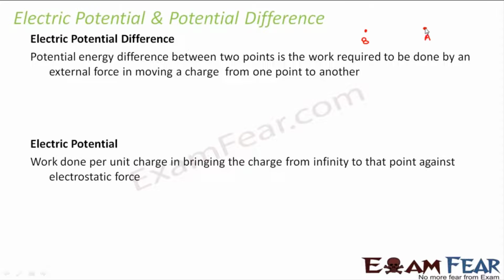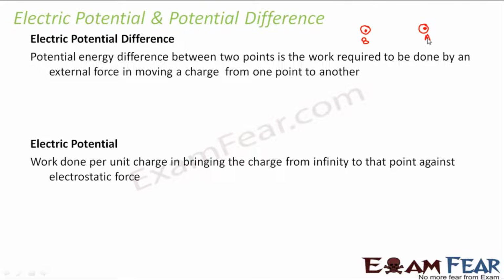So the work that needs to be done to move a charge from one point to another point is known as electric potential difference, because a charge particle will move from one point to another only when there is a gradient.